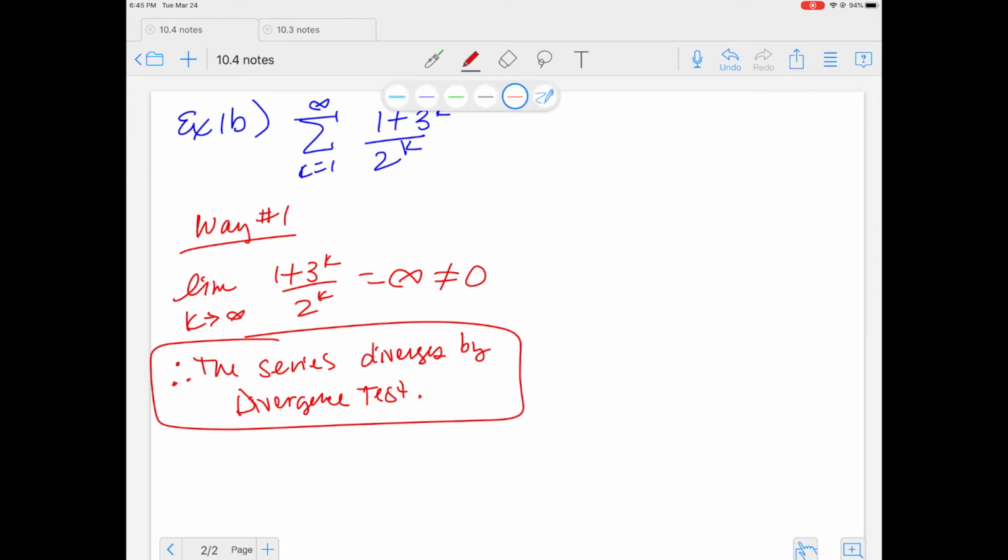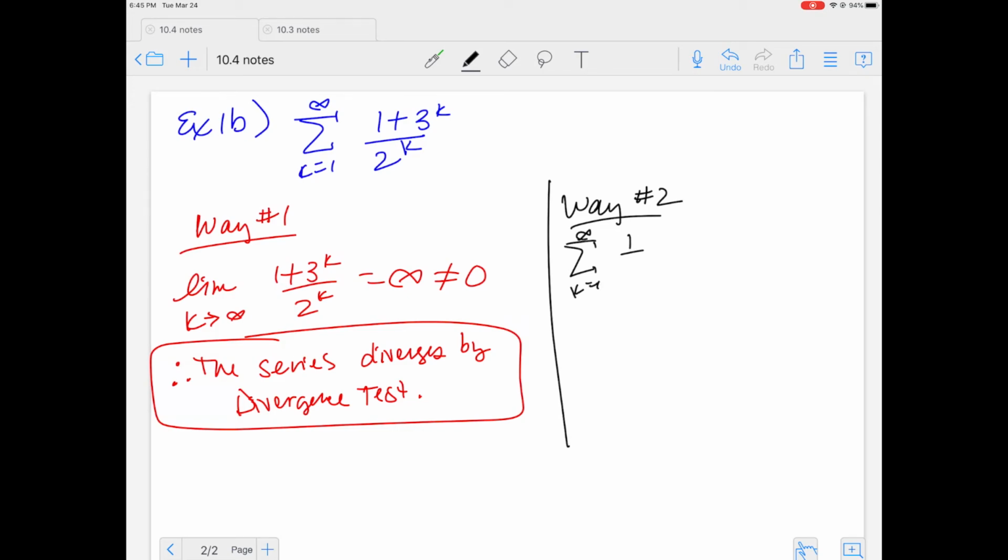Here's way number 2. And I don't care which way you do this, it's just, how can you prove to me? That's the whole point. So if I split up this series going from 1 to infinity, I have 1 over 2 to the k plus 3 over 2 to the k.